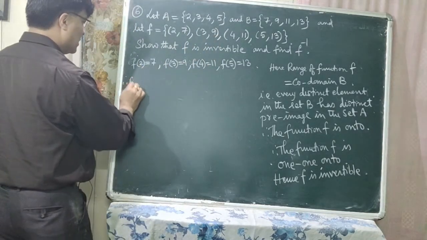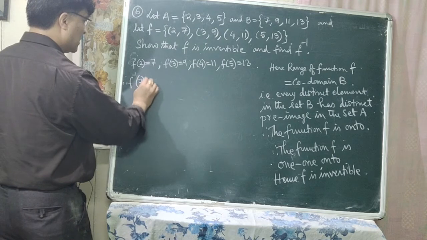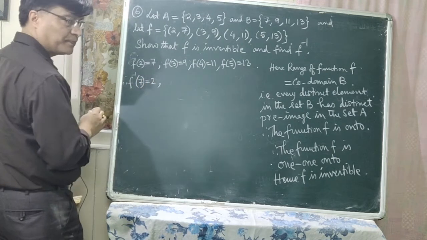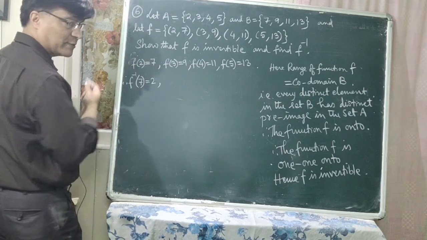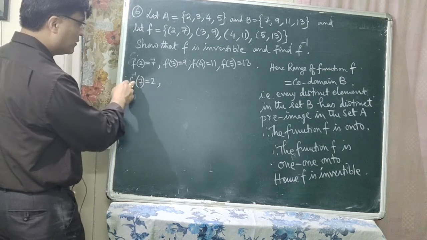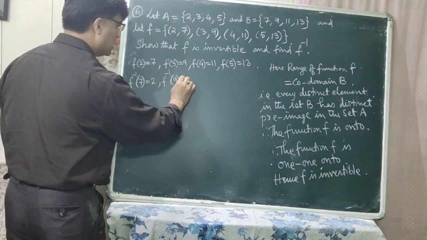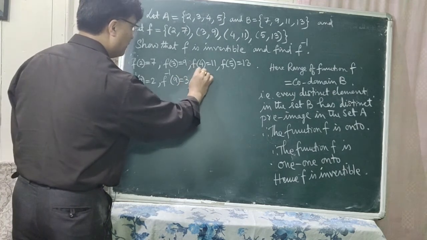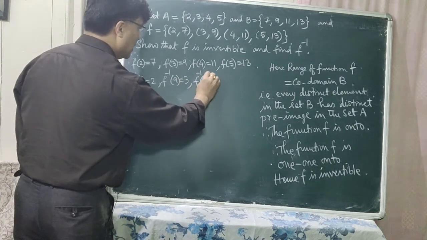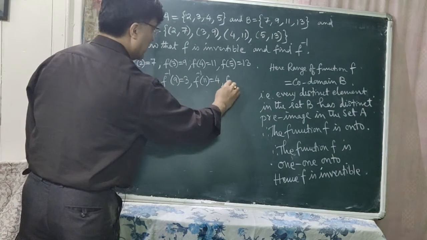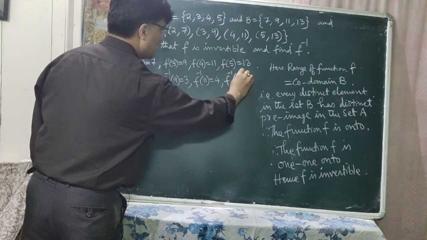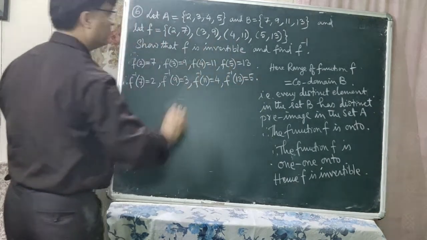That is f inverse of 7 is equal to 2, f inverse of 9 is equal to 3, f inverse of 11 is equal to 4, and f inverse of 13 is equal to 5.